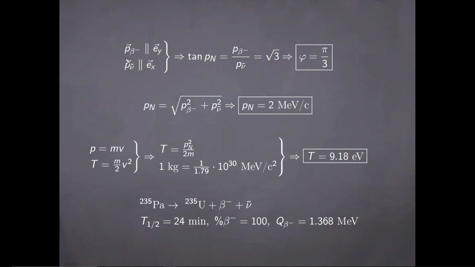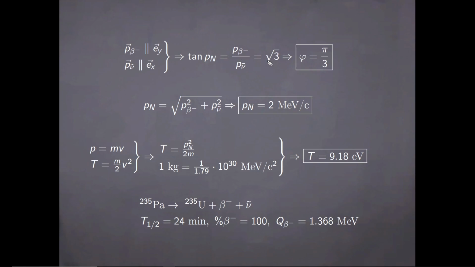We will consider that the momentum of the electron is directed along the y-axis and the momentum of the antineutrino is directed along the x-axis, and then you can calculate the tangent of the recoil linear momentum of the nucleus as simply being the magnitude of the electron's momentum over the magnitude of the antineutrino's momentum.